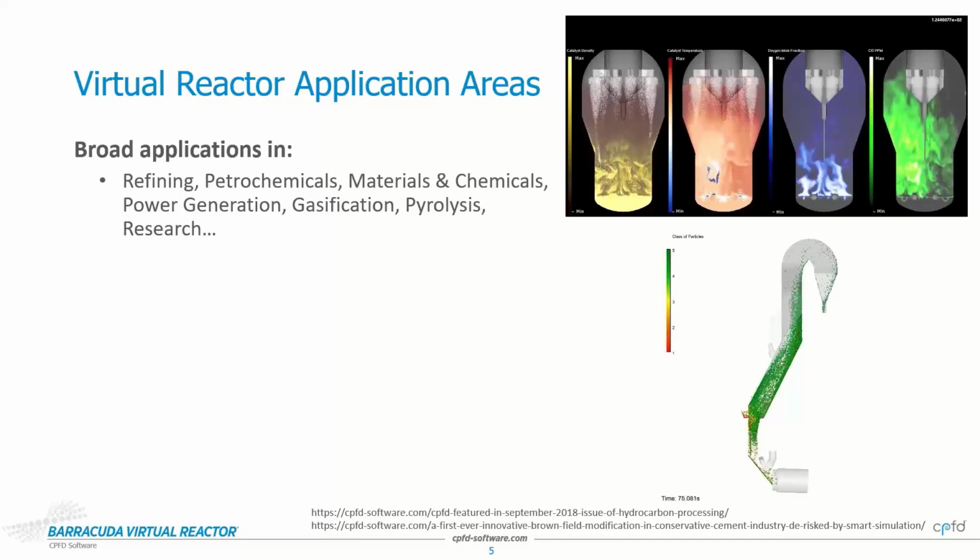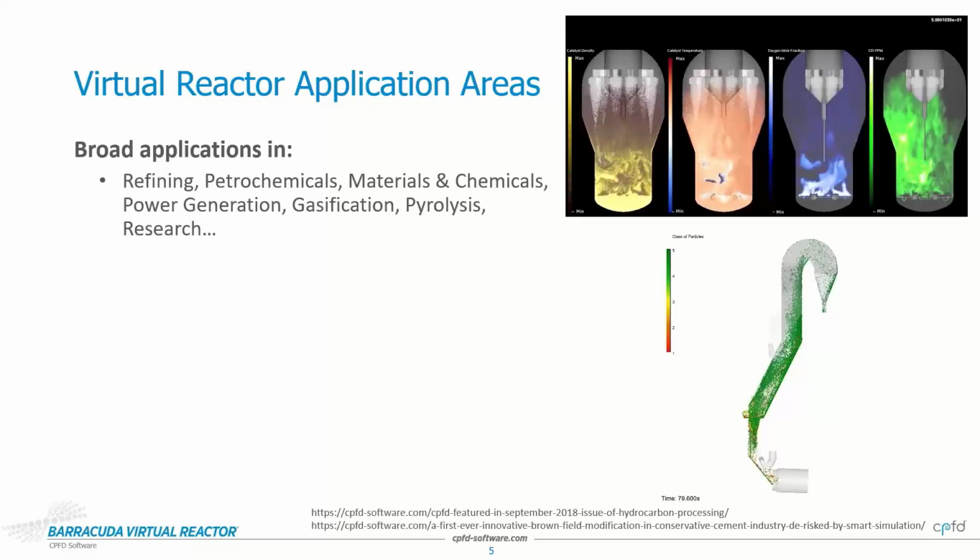Virtual Reactor was used to identify the root cause of the underperformance. On the right in green, you can see the carbon monoxide is to one side. They started figuring out why, did virtual testing of changes, and implemented those changes at a turnaround. When the unit started up, they found that the issue was addressed. The operator interventions went down 75%, and they were able to get 4% more max daily throughput through the system.